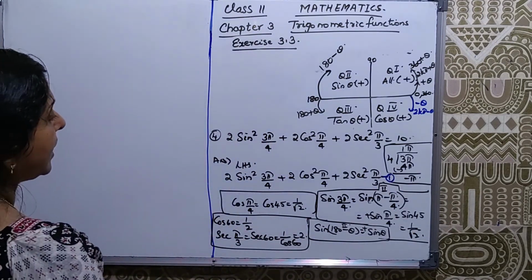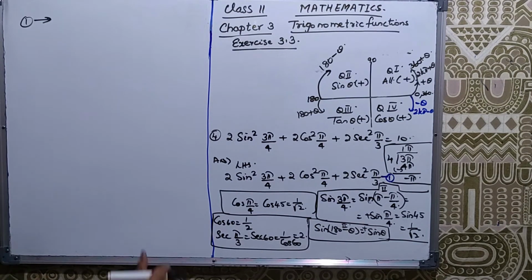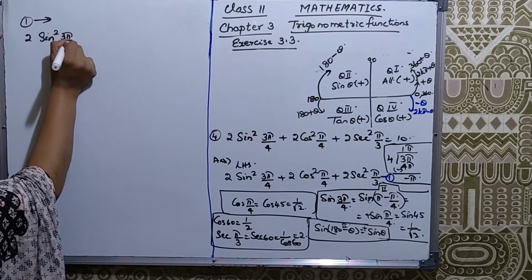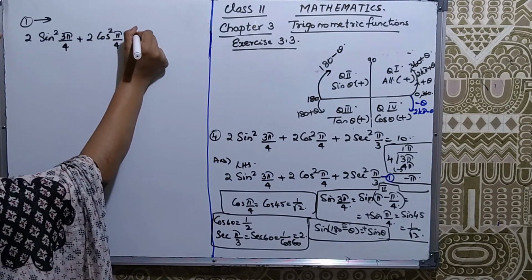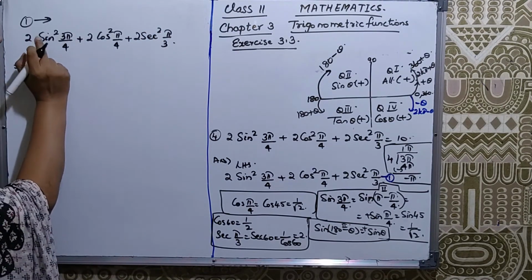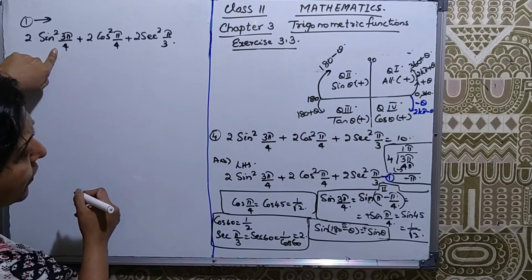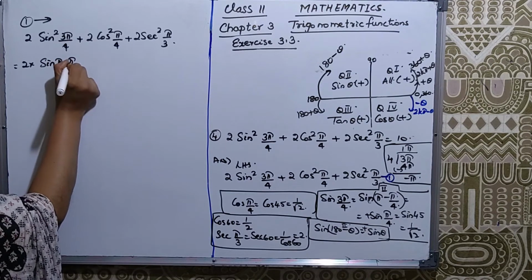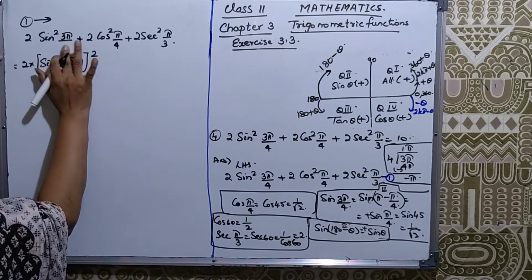Equation number 1 can be written once more as 2 sine squared 3 pi by 4 plus 2 cos squared pi by 4 plus 2 sec squared pi by 3. That equals 2 into sine(pi minus pi by 4) the whole square, since sine squared 3 pi by 4 is sine 3 pi by 4 the whole square.